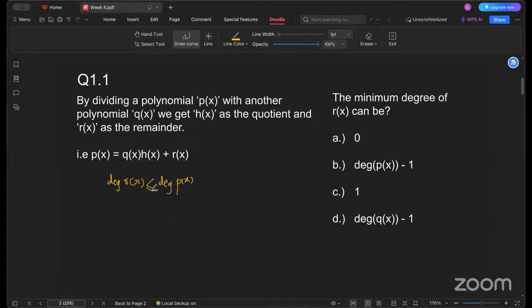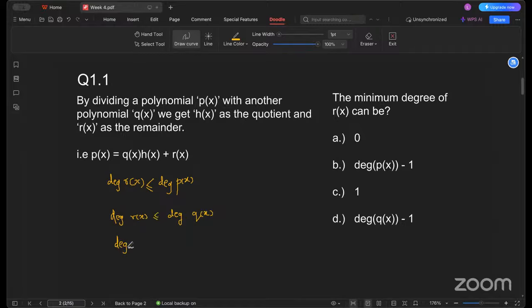And what about the relation between degree of r of x and degree of q of x? The degree of r of x must be lesser than q of x, ma'am. Are you sure? The quotient, no ma'am. Quotient has higher degree, r of x is lesser only. The dividend should be more. Okay.